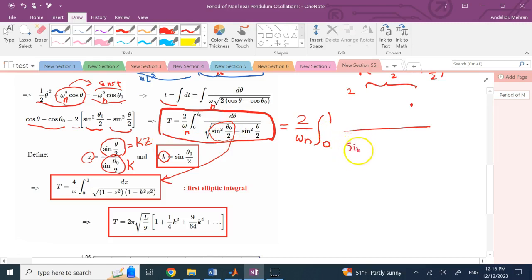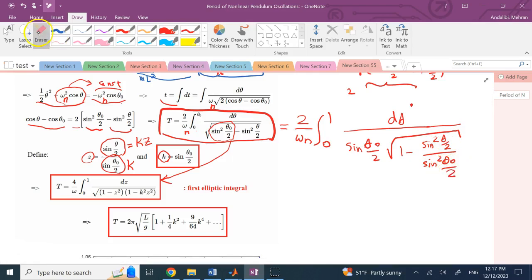So it will be sine of theta naught over 2 times square root of 1 minus sine squared of theta over 2 over sine squared of theta naught over 2. Okay, so here I factored out this term and brought it out. Now what do I have? Well, if you look here, this guy is z squared.